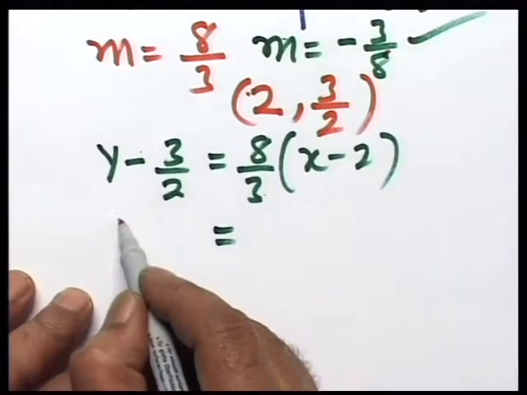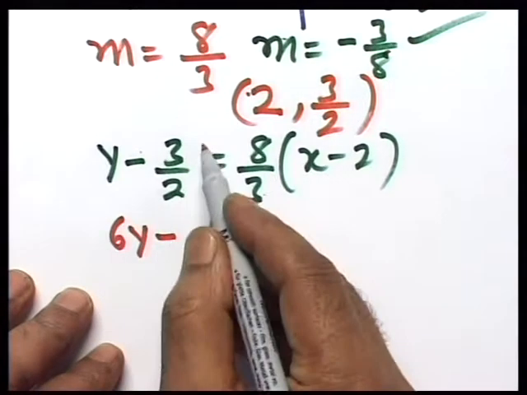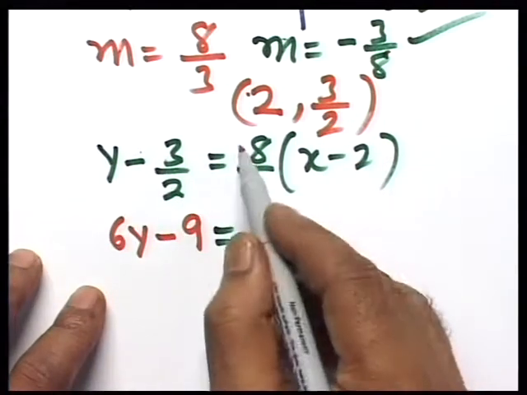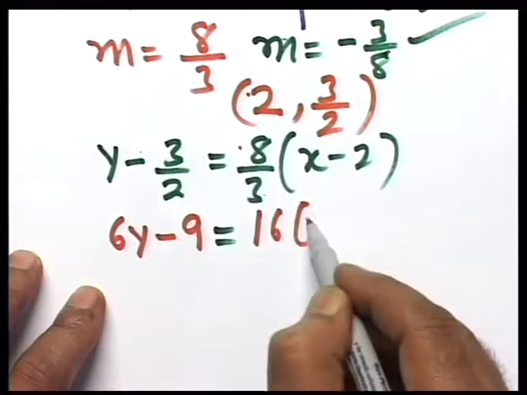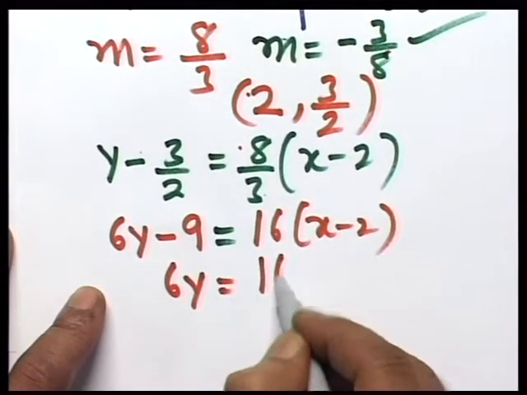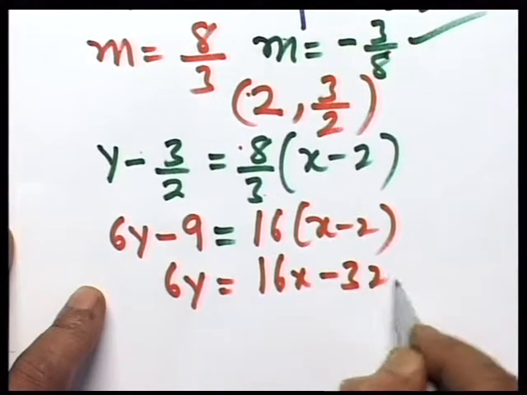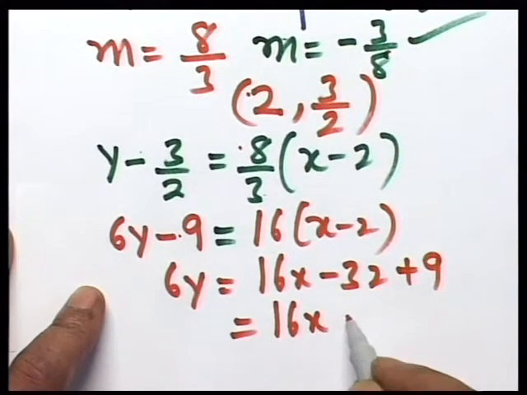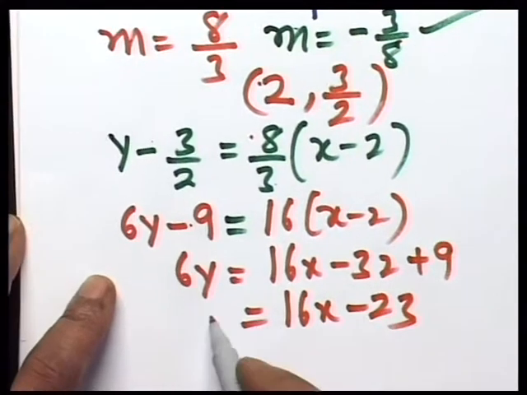So I have 6y minus 9. If you times by 6 right through, that becomes 16 times bracket x minus 2. So we have 6y equals 16x minus 32. That minus 9 becomes a plus 9 and we have 16x minus 23.